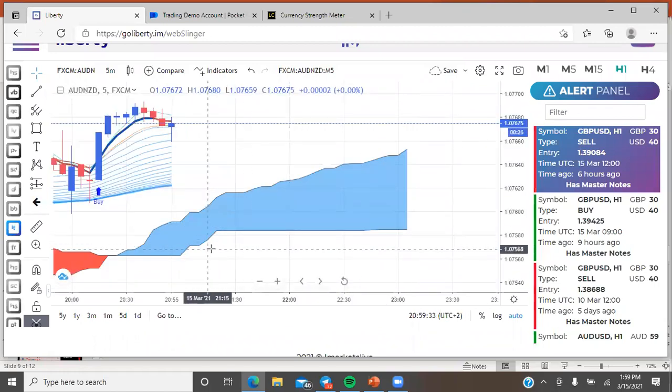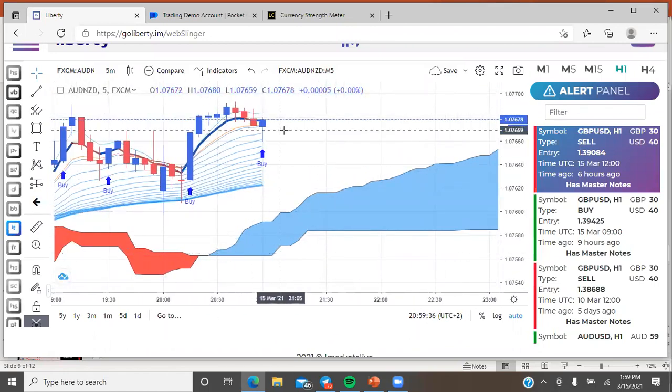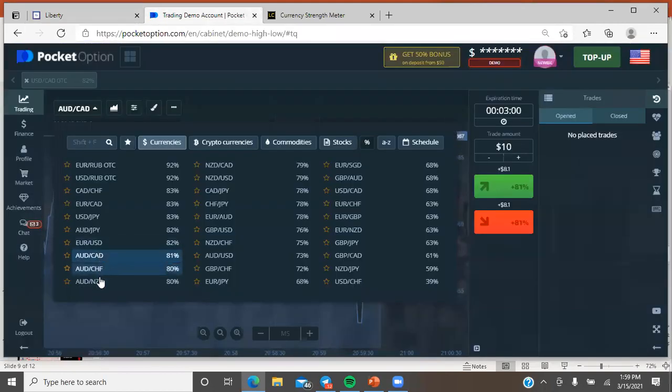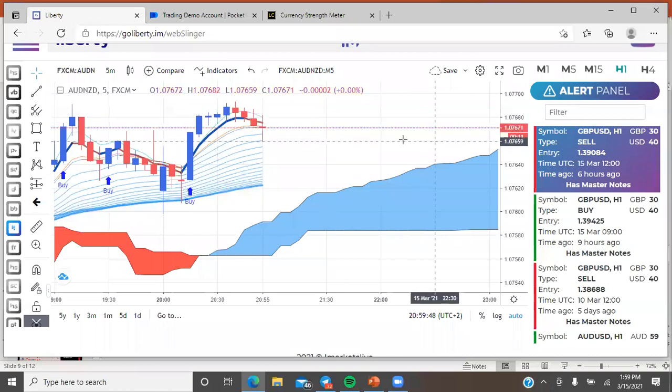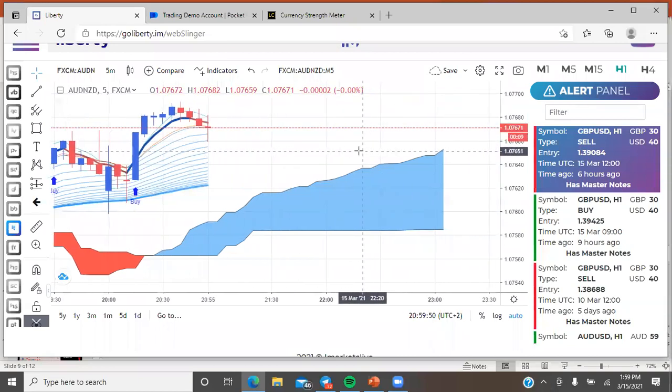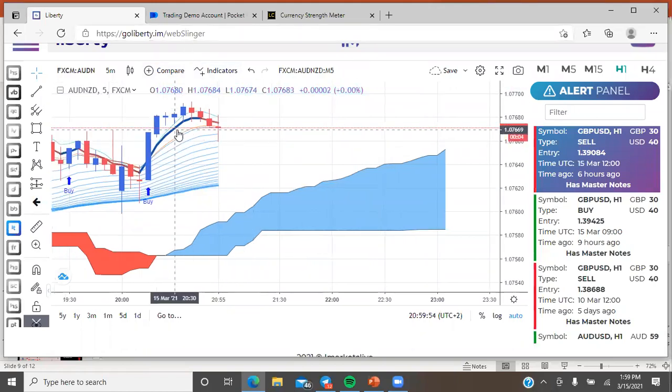Let's go in my favor, man. And then you see they just called a buy as soon as I clicked on it. Let's just see. AUD, NZD. Let's see what this next candlestick is going to do. Let me see my zones.